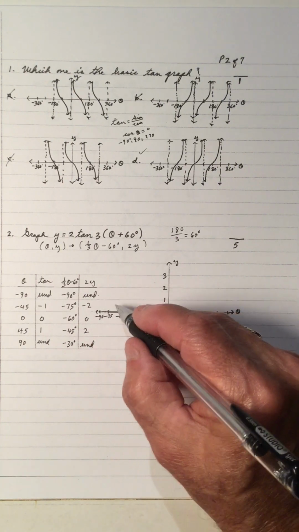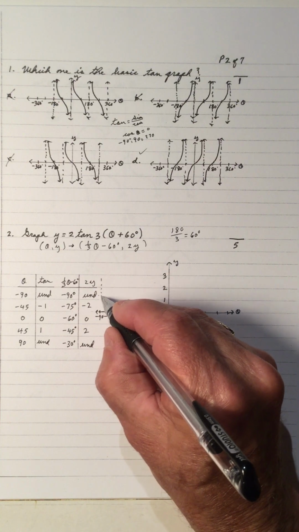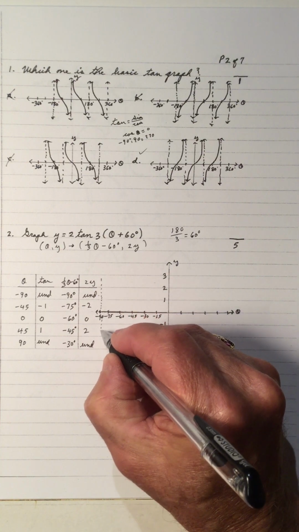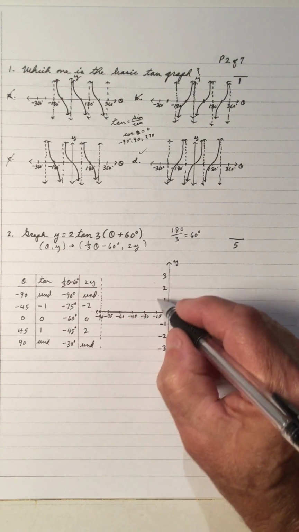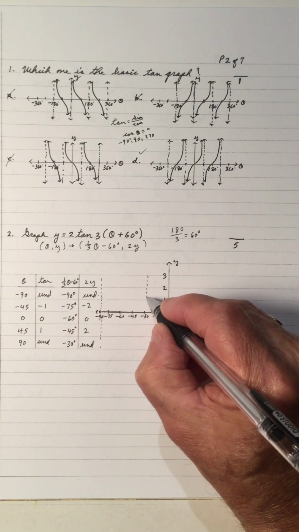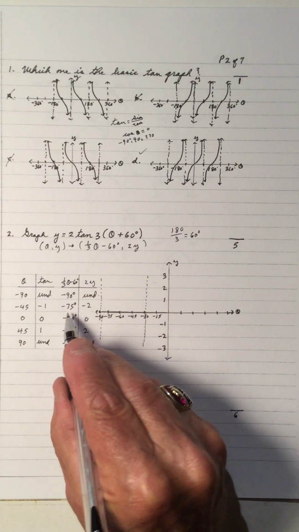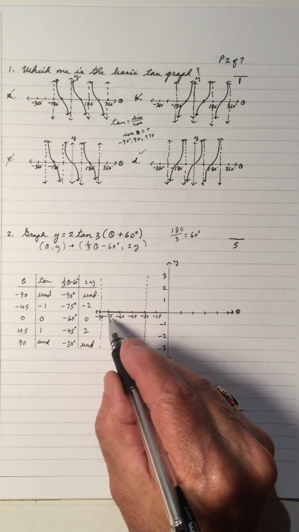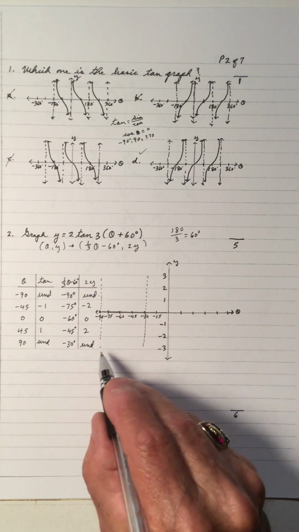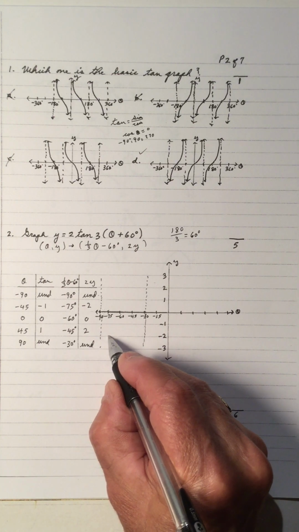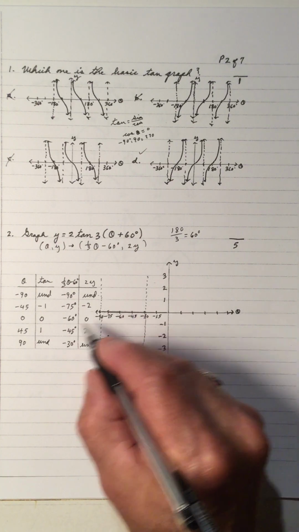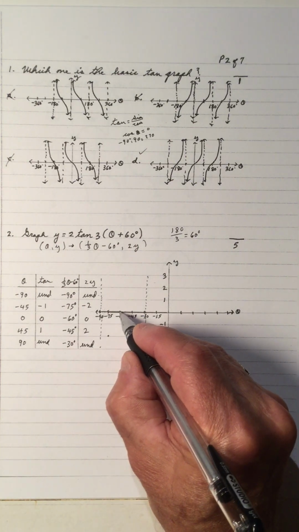So it's undefined at negative 90, so vertical asymptote. It's undefined at negative 30, so it's the vertical asymptote. And at negative 75, we have a negative 2. So negative 2 is right here. And at negative 60, we have a 0.